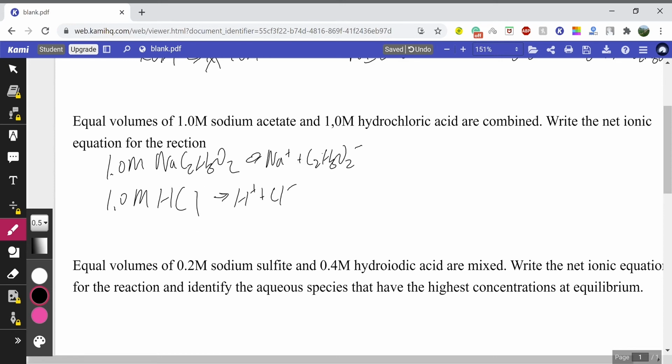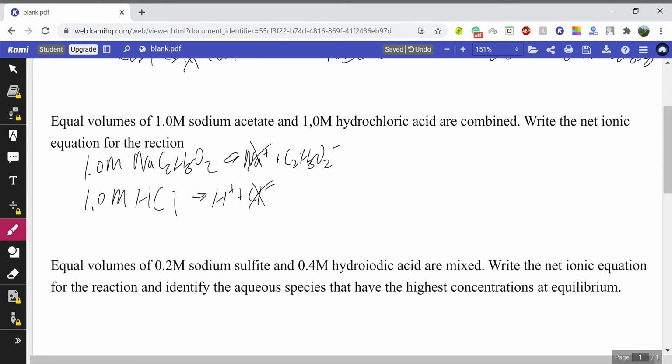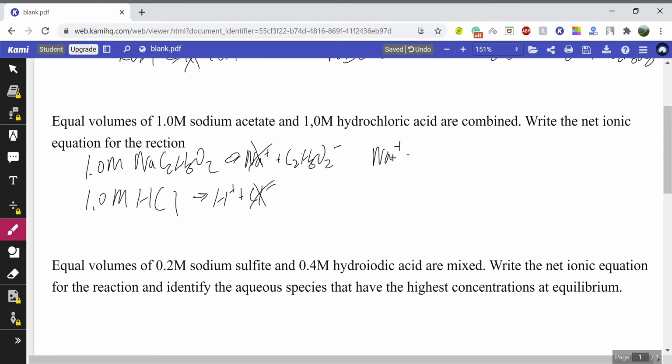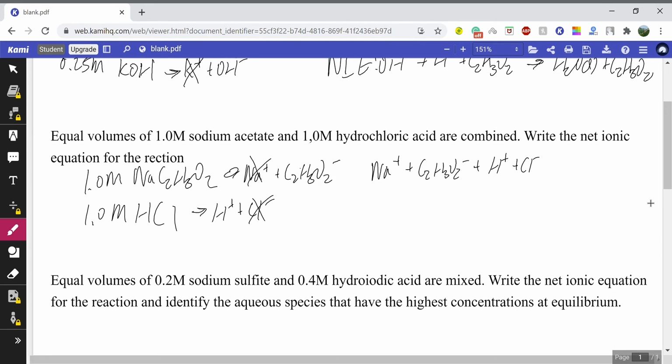HCl is a strong acid, which means Cl minus is a weak conjugate base. Since it's weak, it's not going to be in our net ionic equation. Same goes for Na plus, as I explained in the previous one. But when we're writing the normal equation, we're going to include them. So it's Na plus plus C2H3O2 minus plus H plus plus Cl minus, and this will form HC2H3O2, because the Na and the Cl are not included.